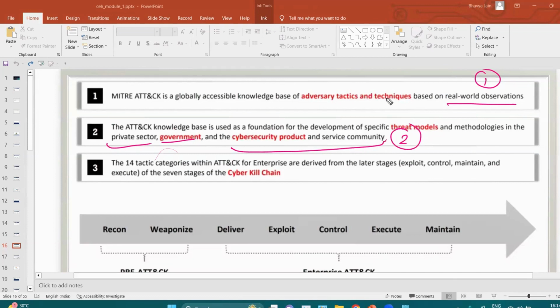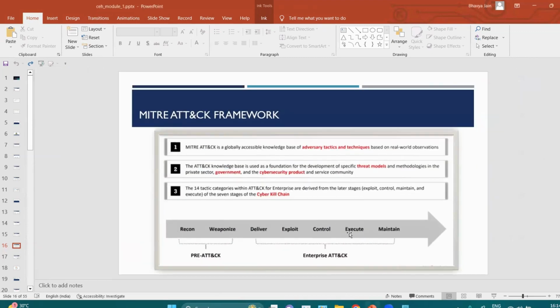Okay, this is the second point. And the third point is it is similar to the cyber kill chain. And the fourth point, which is something new, is that we have divided this particular methodology into two parts, which are pre-attack and then enterprise attack. Okay, so this is about the MITRE ATT&CK framework. Is it clear this much?